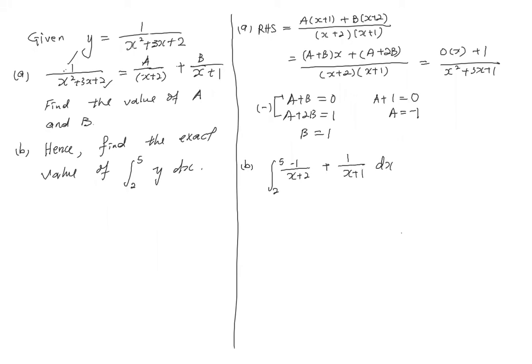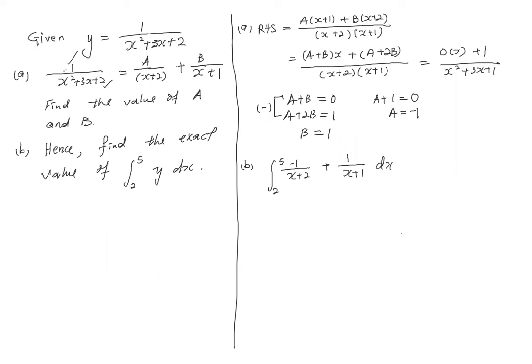So what you can do is, if you are preferring to do ln, you are preferring to break it into 2 parts, you can do it in 2 parts. So you can bring this negative over. Okay, so it's individual.